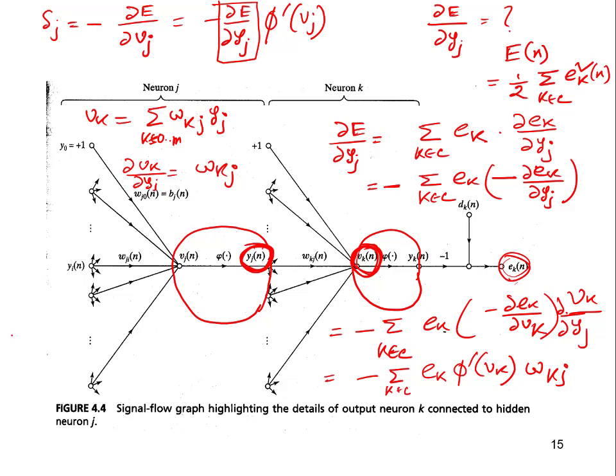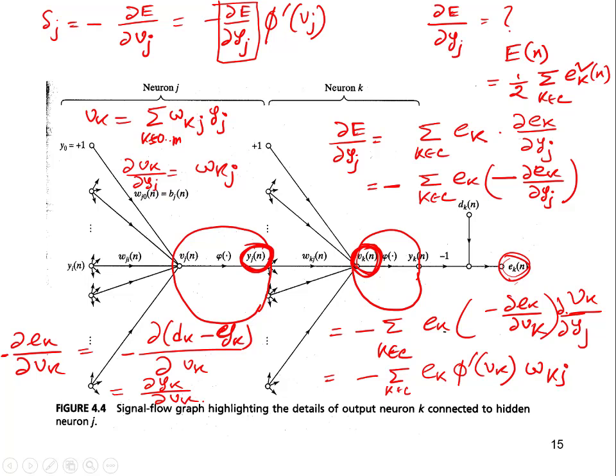And for delta yk, delta ek and delta vk, the ek portion is denoted as delta of dk minus yk and delta of vk. With the minus here and the minus from dk minus yk, the minuses cancel, so dyk turns into dvk.